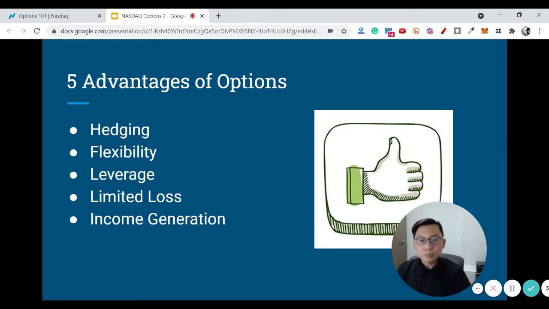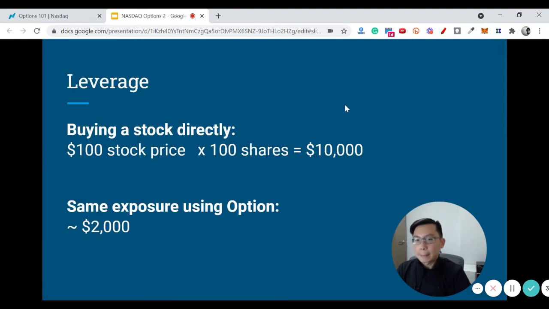Imagine buying a stock where the stock price is $100, and you buy 100 shares. $100 times 100 shares is equal to $10,000. So you have $10,000 worth of stocks, and you have to pay the full $10,000. But if you use options instead, there is leverage, and you may be just forking out about $2,000.